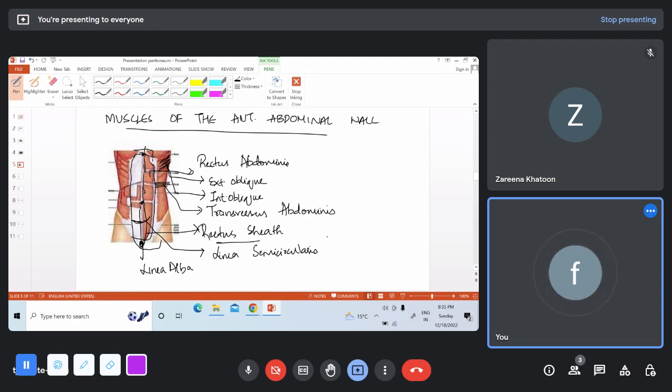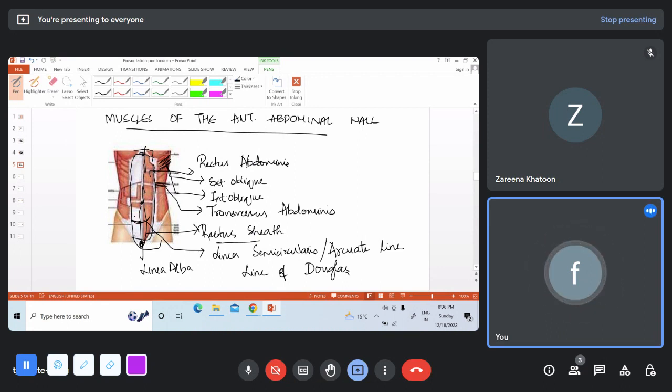This line is also called the arcuate line, and also the line of Douglas. Posteriorly, the rectus sheath terminates at the arcuate line, also called linea semicircularis and the line of Douglas. Please don't get confused between the line of Douglas and the pouch of Douglas. The pouch of Douglas is a different entity, the rectovesical pouch, which I'll be explaining in the successive slides.